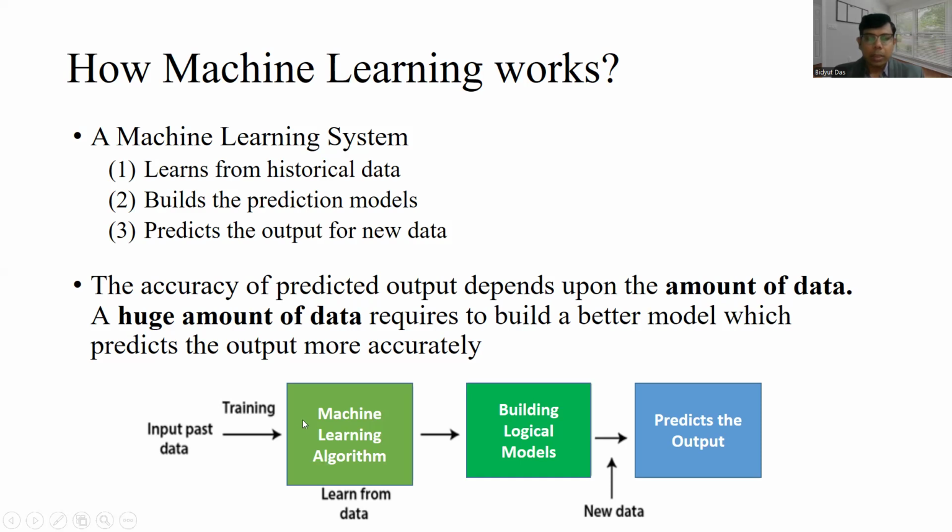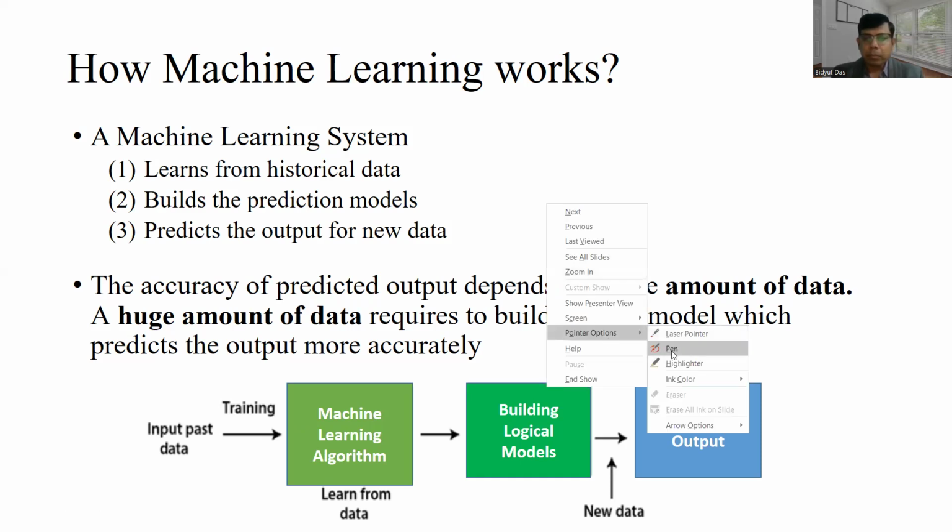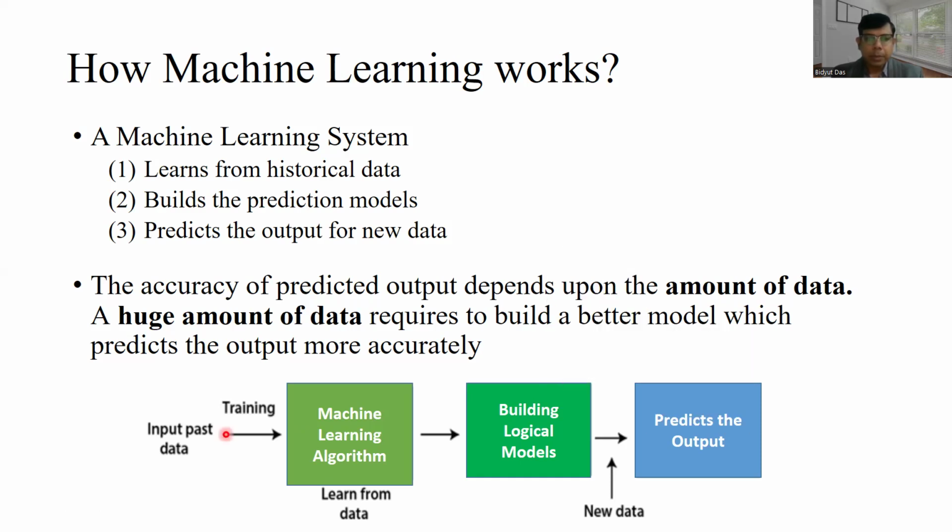The lower part of the figure shows the past input data, and then there is a machine learning algorithm. It builds a model, and this model is trained from the past data and predicts the output for new data.